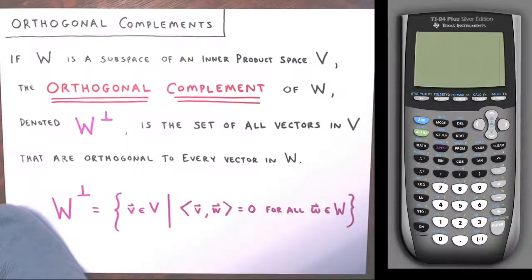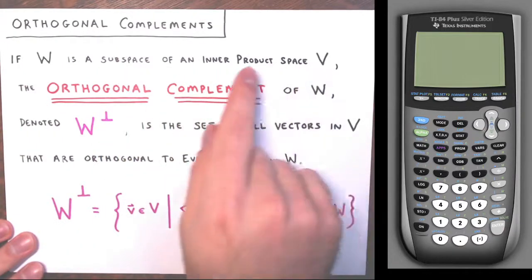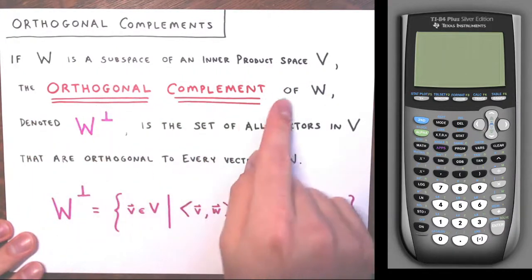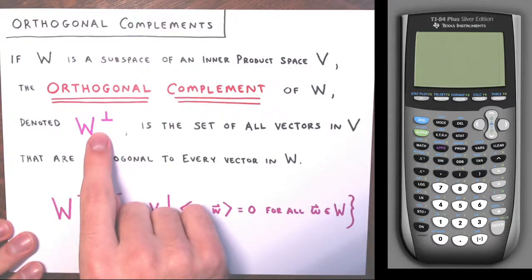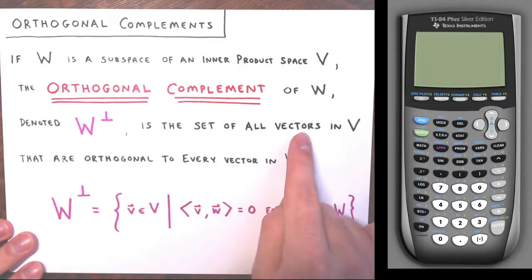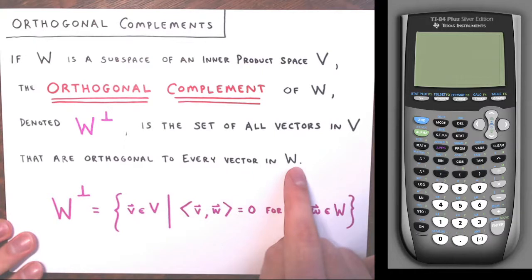Okay, so the beginning of this video, I've had these pages up in previous videos before. Just a refresher as to what is the orthogonal complement of a subspace. Alright, so if W is a subspace of an inner product space V, the orthogonal complement of W, denoted by this W with the orthogonal symbol as a superscript, is the set of all vectors in V that are orthogonal to every vector in W. Right, and symbolically this was put this way, right?